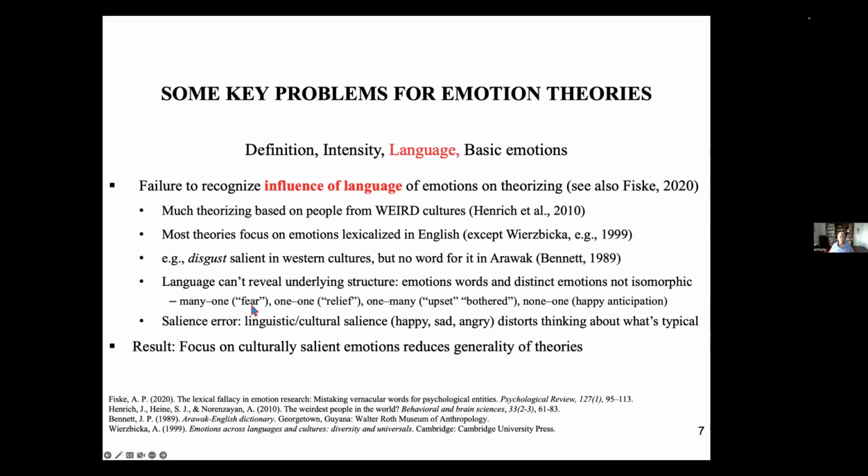The one emotion, fear, I'll call it fear in quotes, fear type emotions. There are very many words that map onto that one emotion type. Anxiety, worry, I mean, you can argue about whether fear and anxiety are the same emotion type or not. But for the moment, for the sake of argument, let's assume that they are. So fear and anxiety and worry and concern and trepidation and terror, all of these words are fear words.